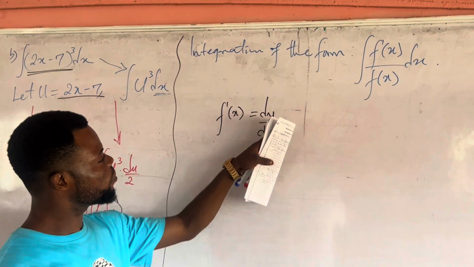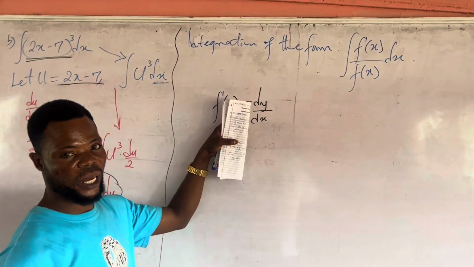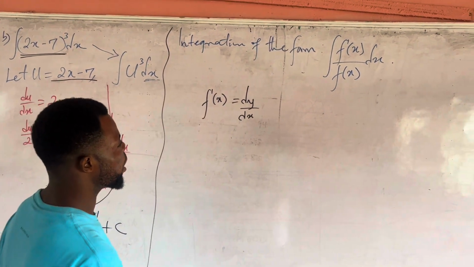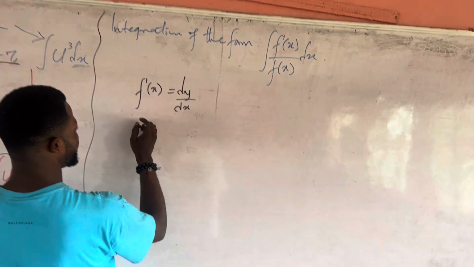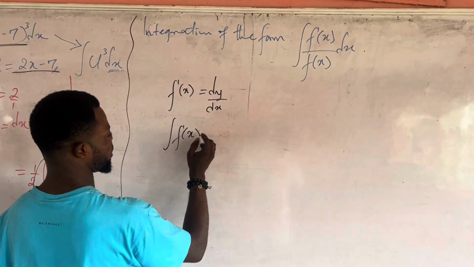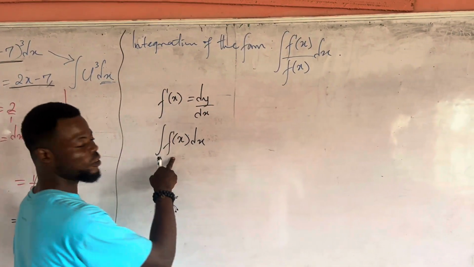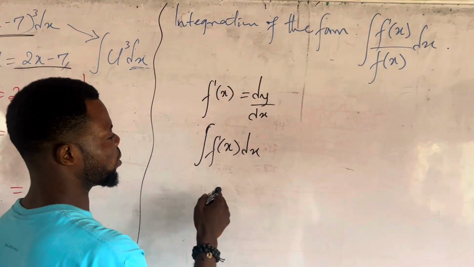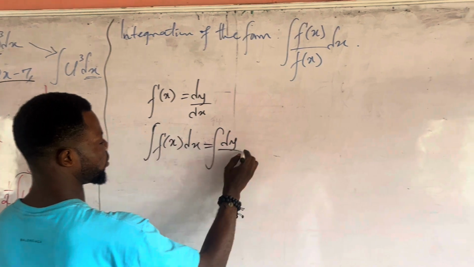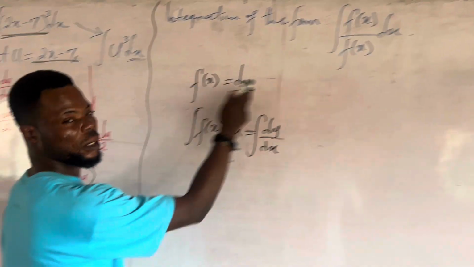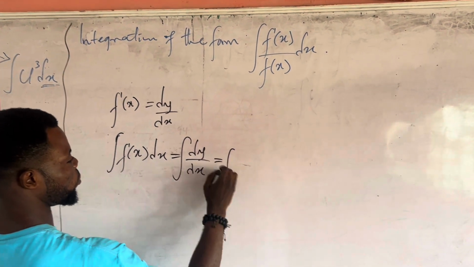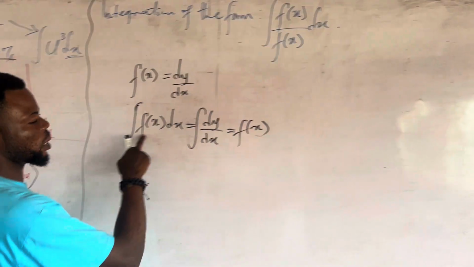That is, the derivative of the function of x is written as f prime. And if we integrate f prime of x, we get the function back again.